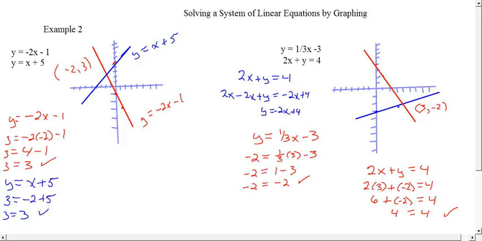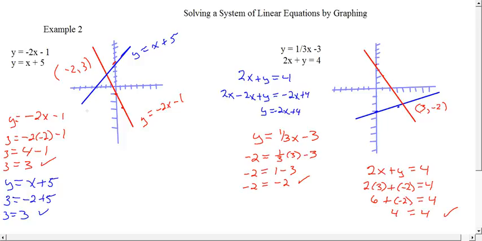Let's go ahead and check it by substituting negative 2 for x and 3 for y into both our equations to see if it comes out true. Here we have y is equal to negative 2x minus 1. We'll substitute 3 for y: 3 is equal to negative 2 times negative 2, which is x, minus 1. A negative times a negative is going to give us a positive, and 2 times 2 is going to give us 4. So this would be 3 is equal to 4 minus 1, and of course 3 is equal to 3.